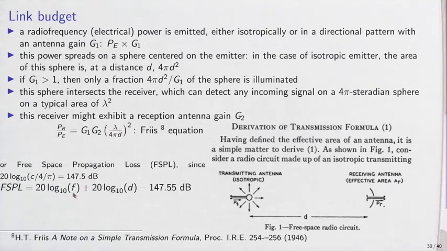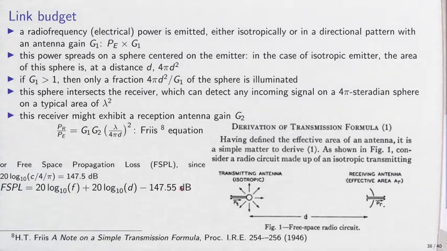So we have here 20 log of the frequency. This does not mean that the system is dispersive. It simply means that the area of the antenna on the receiving side is smaller as the frequency rises, plus 20 log 10 of the distance over here, and minus the c over 4 pi, that's the constant for converting lambda, the wavelength, into a frequency, and 20 log 10 of c over 4 pi is minus 147.